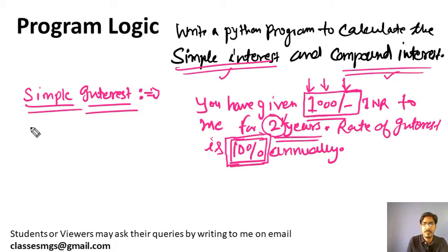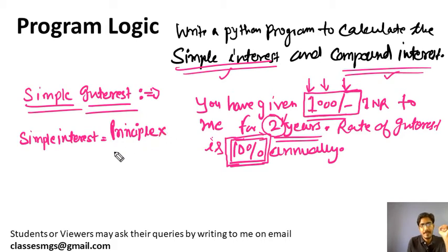What is the formula to calculate simple interest? Principal into rate of interest into time divided by 100.